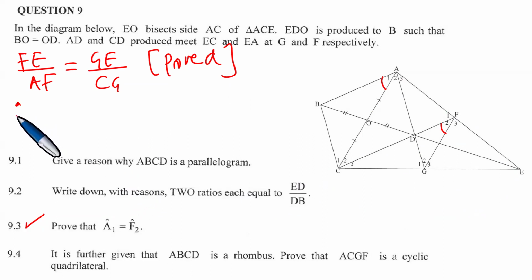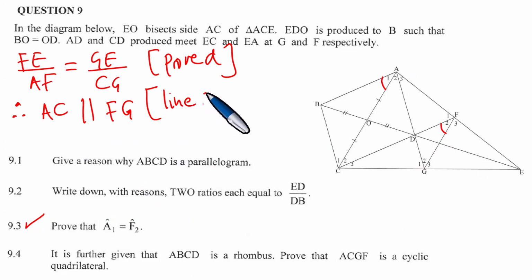And because of this, we are able to say, therefore, AC is parallel to FG. AC is parallel to FG. Why?